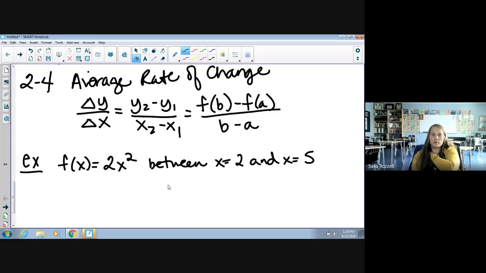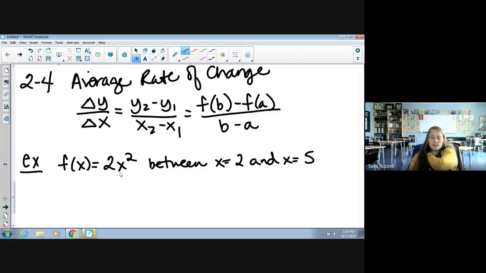So this is the way these problems are going to look. They're going to say, here's a function. We want to find the average rate of change between x equals 2 and x equals 5. So we have our x values. What else do we need to find the slope? The y values.